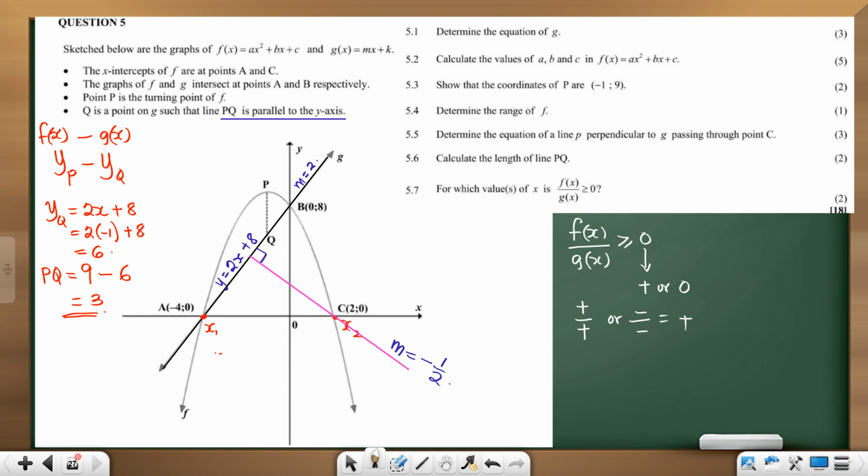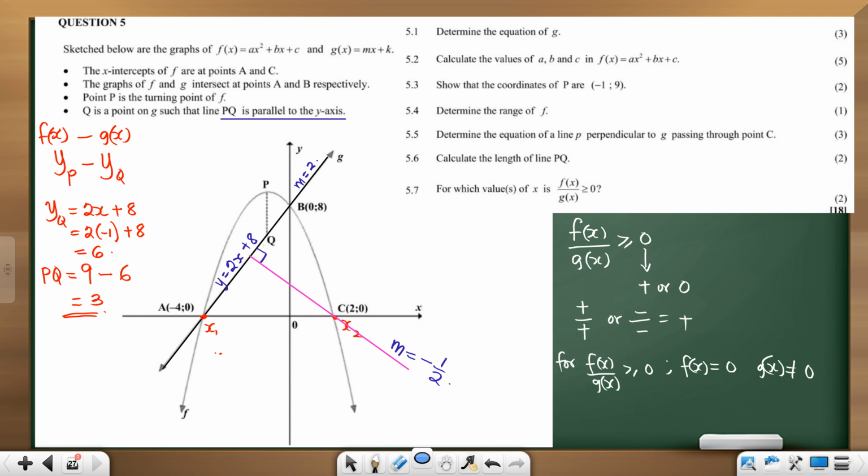And where will I get a 0? It means f of x must be 0. G of x cannot be 0. Let me put that down. For me to get a 0, for f of x over g of x greater than or equal to 0, f of x must be equal to 0. G of x cannot be equal to 0 because if it is 0, it will be undefined.